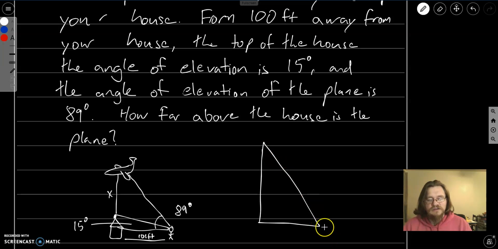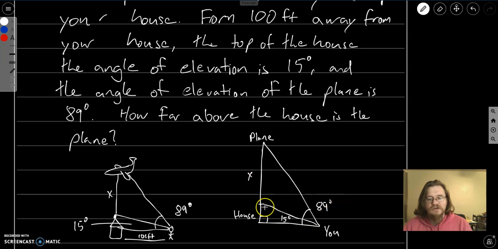So here's you. Our house is over here, and from the top of the house to us, this forms a 15-degree angle. If we're going straight up from the house, up here we'll have the plane, and this total angle is going to be 89 degrees.